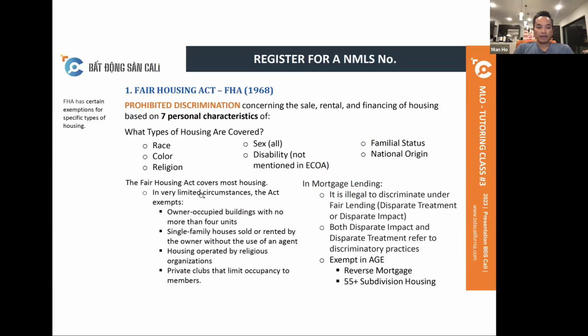So the FHA covers most housing, with very limited exemptions. This is a little more detail about the exemptions, the things that the act won't protect, including owner occupied buildings with no more than 4 units, and single family houses sold or rented by the owner without an agent.